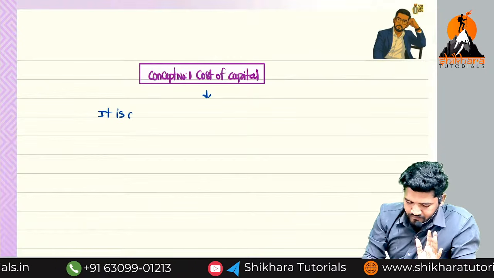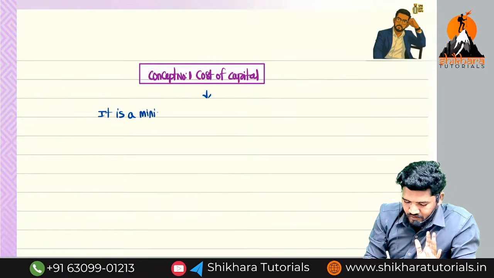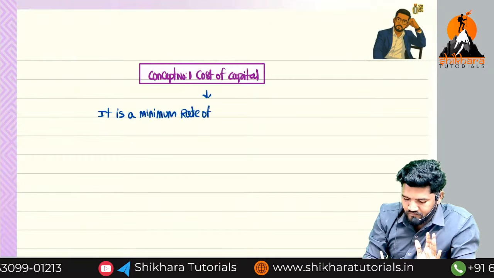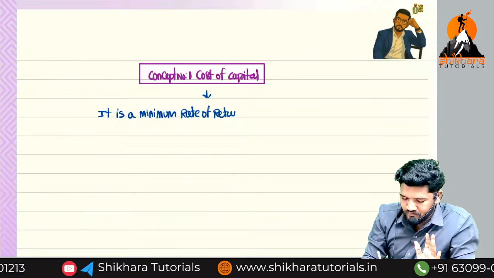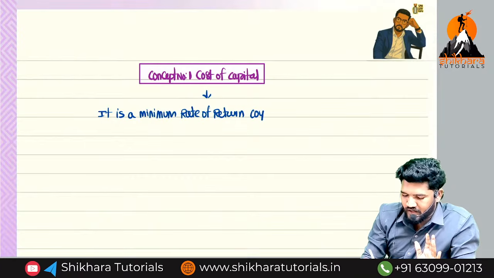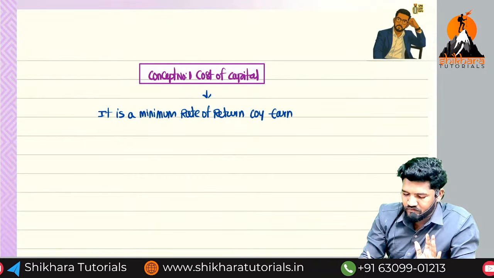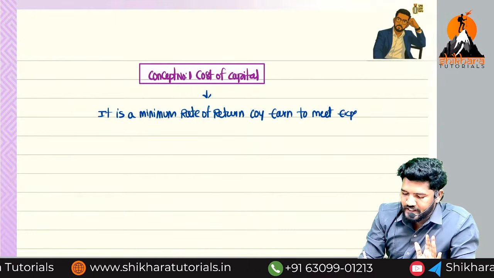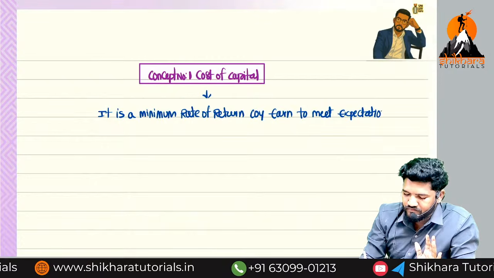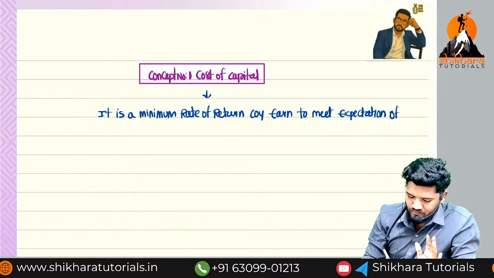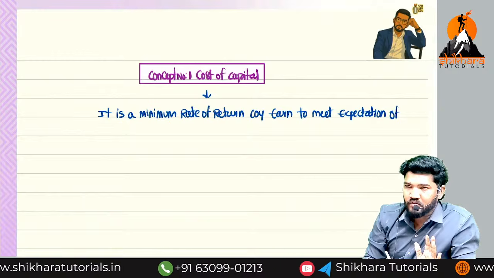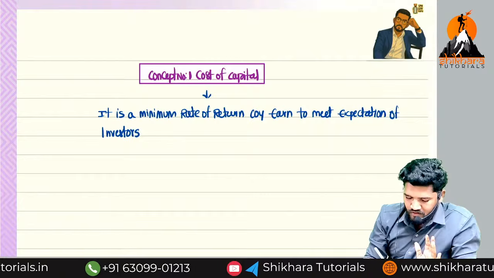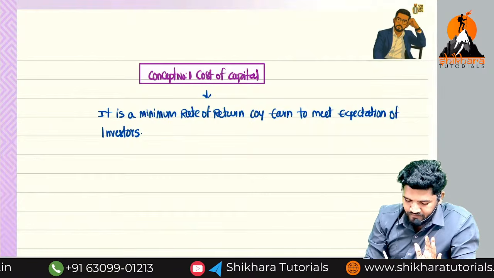It is a minimum rate of return the company earns to meet the expectation of whom, Nana? You and me, huh? Expectation of investors. Now tell me the investor definition.